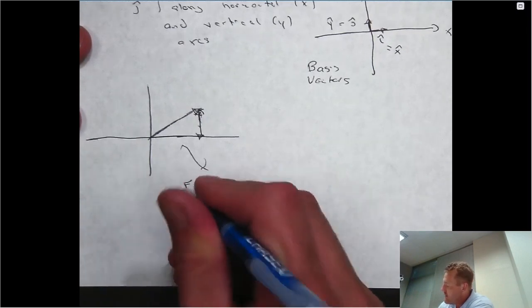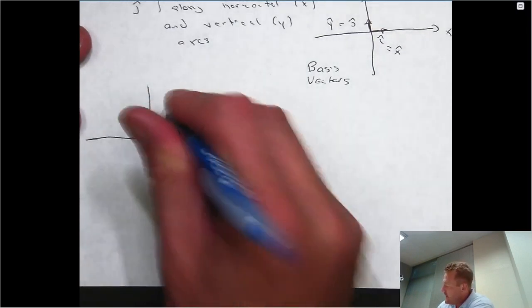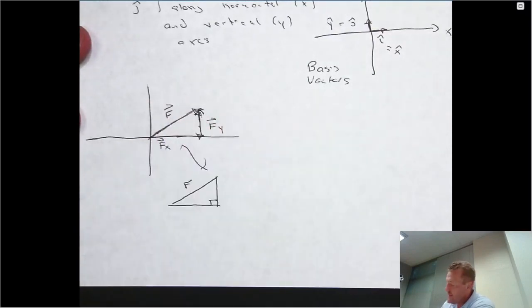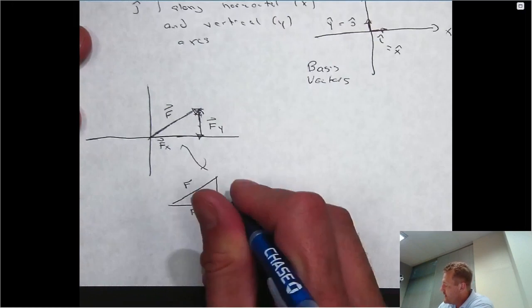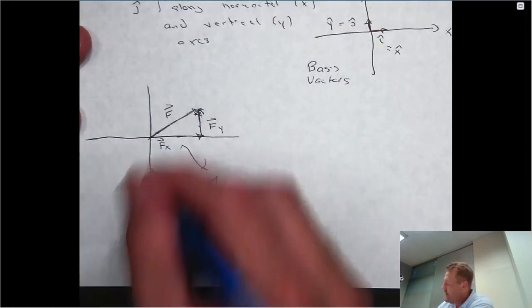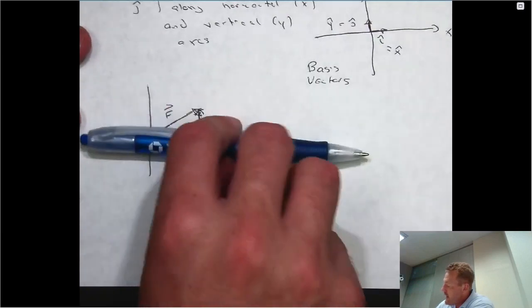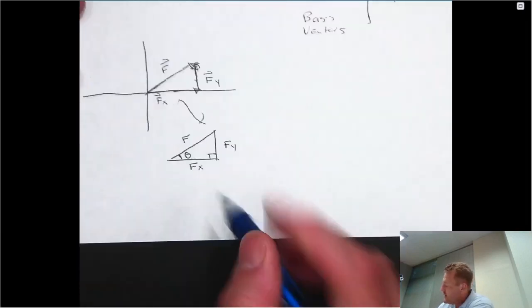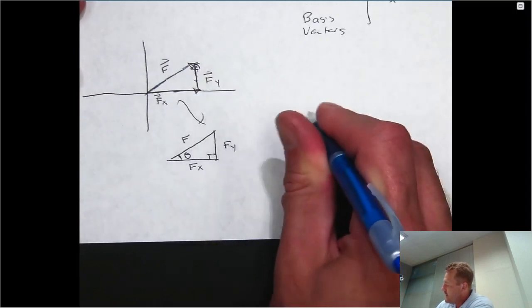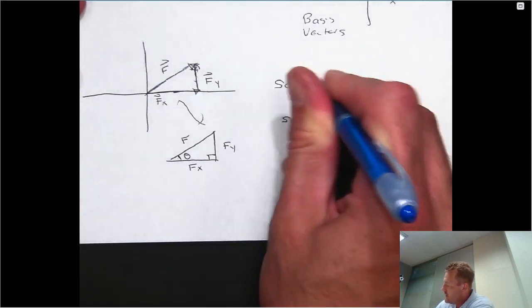So this is the magnitude of my original vector, say F. Call this the vector that is along the x-axis, and this the vector that is along the y-axis. This is my x component. This is my y component. If I'm given this angle that describes the direction of that vector as a counterclockwise displacement from the horizontal axis, naturally, what is the sine of theta? Remember SOH CAH TOA.